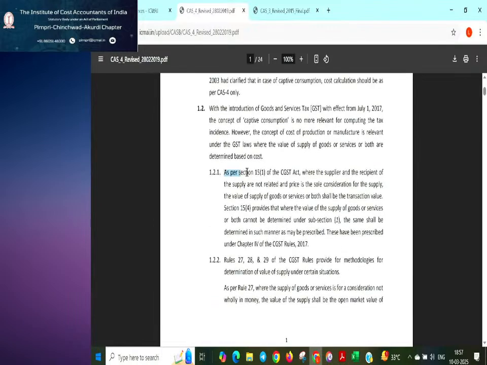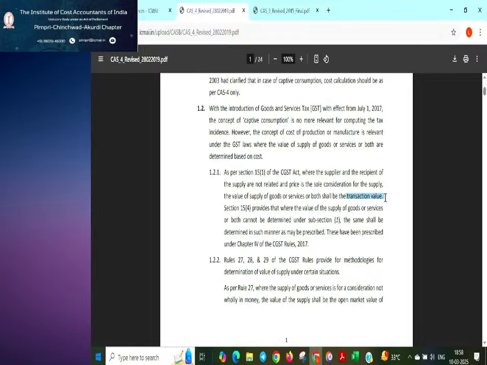As per section 15(1) of the CGST Act, where the supplier and the recipient of the supply are not related and price is the sole consideration, then what will be the value of supply of goods or services or both? It will be the transaction value. The value that will be determined for that supply of services or goods or both will be the transaction value.